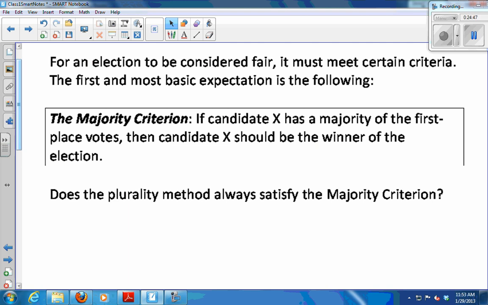But that is a different system than the plurality method that we just learned. If we were using the plurality method where it's one voter, one vote, and not winner take all in the states, would it be possible to get a majority of the votes and lose? We're just counting first place votes. First place. Yeah. That is possible.